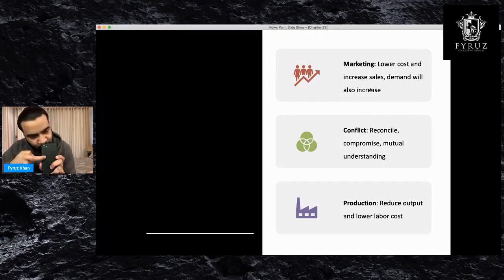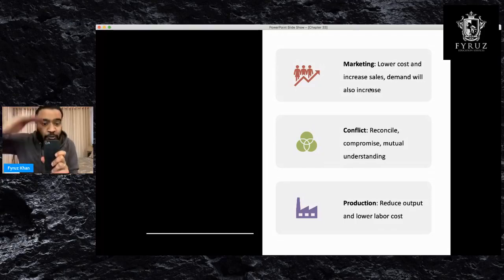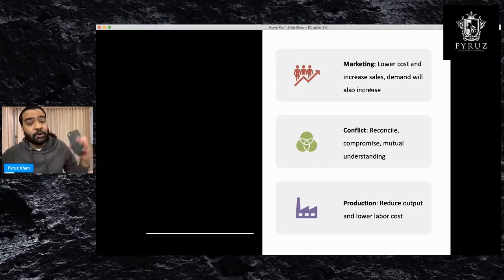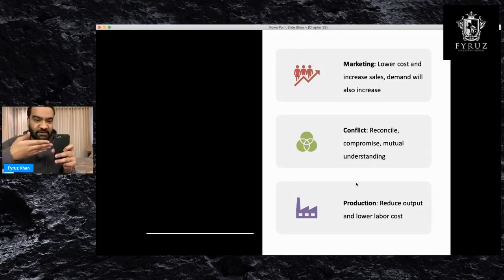When you lower the price of this phone, the demand will go up, and when demand goes up, the sales will increase, right? Let's say this is the objective of the marketing department. But on the other hand, because of the pandemic, the production department is thinking that, let's reduce the output of this phone because people are not buying phones during the pandemic, and let's get rid of some employees. So what you can see is that these two objectives are very different from each other, and they're colliding with each other.